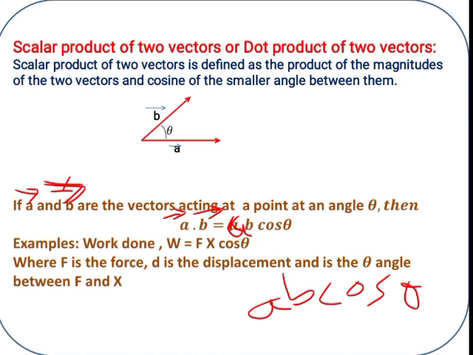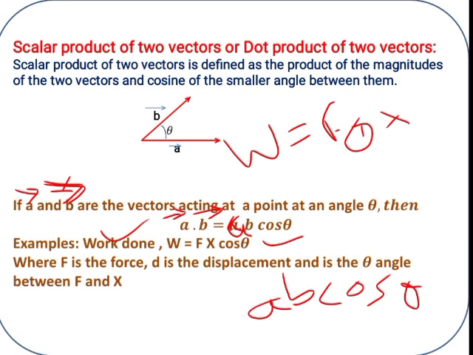Suppose we are writing for the work done, W is equal to F dot X, where X is displacement. To remove this dot, we have to add cos theta.